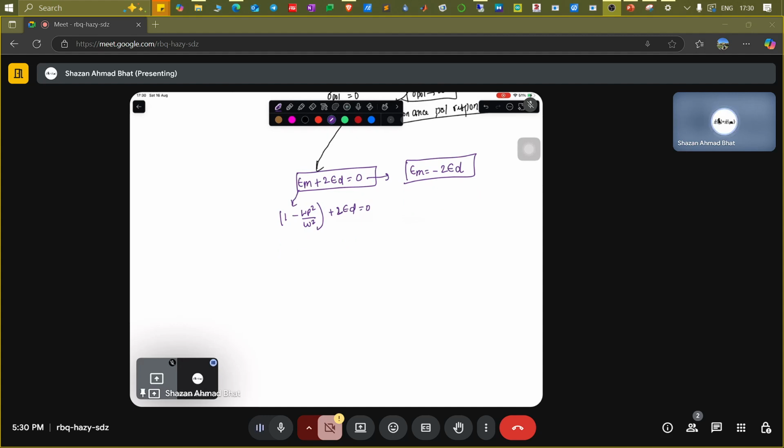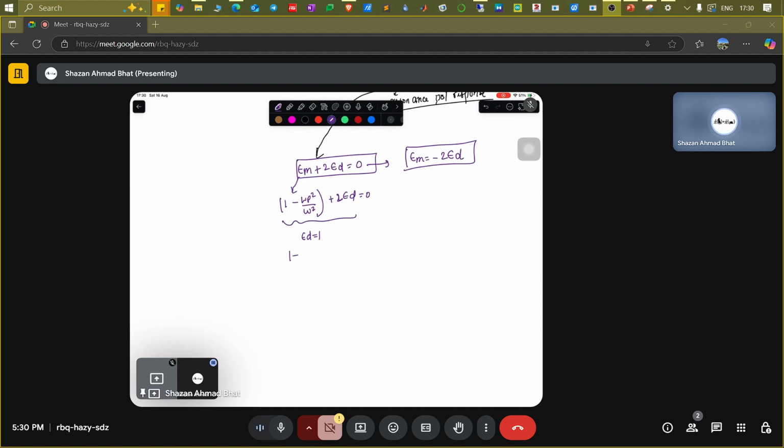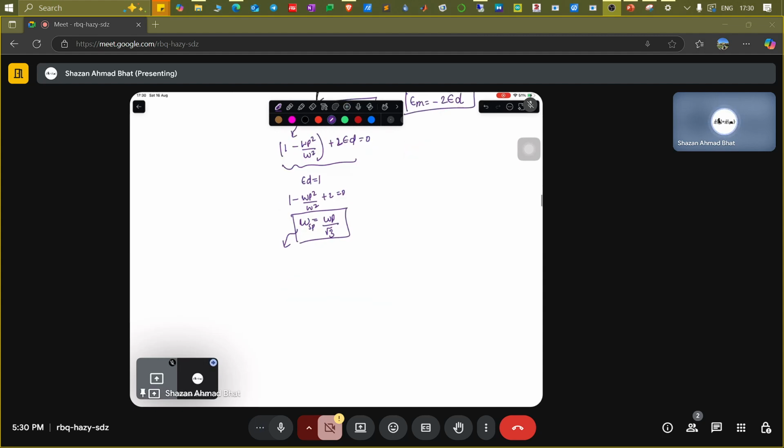Okay, so that means, let's consider this: if you say that epsilon dielectric is equivalent to 1, then you get 1 minus omega p square divided by omega square plus 2 equals 0. That means you get omega is equivalent to omega p divided by square root of 3. This is basically the resonance frequency of the surface plasmon.